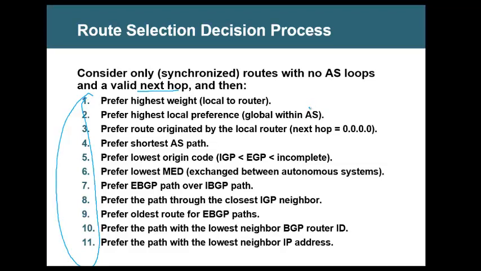Let me speak something offline. Only when we know how this BGP route selection decision process works will you be able to troubleshoot BGP. When someone says, this is what I expect as a path selection, this is what the path needs to be, you need to have the knowledge of what I just covered in these pages, plus you also need to know how BGP decides the best path.